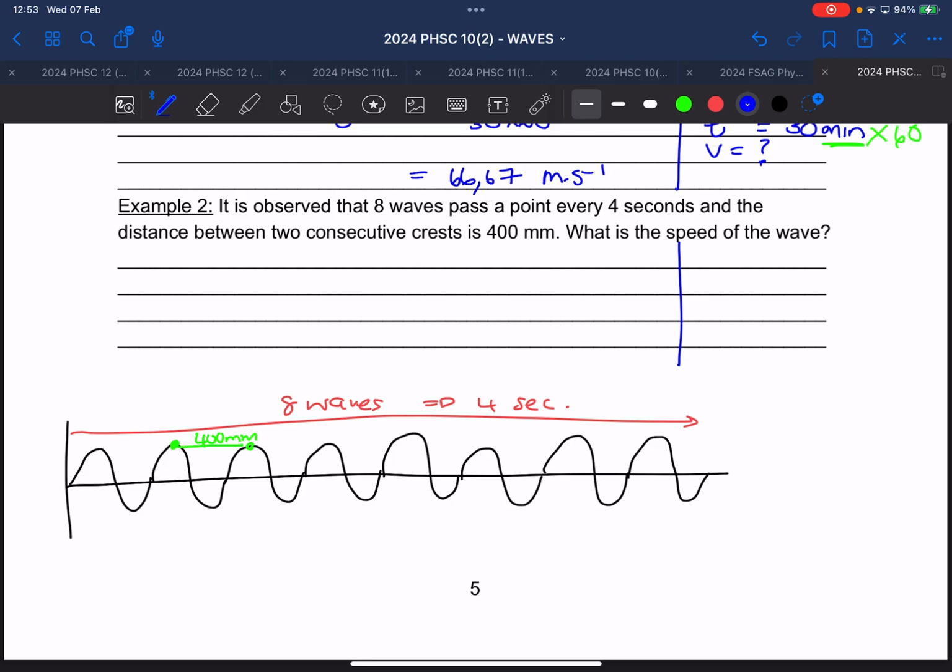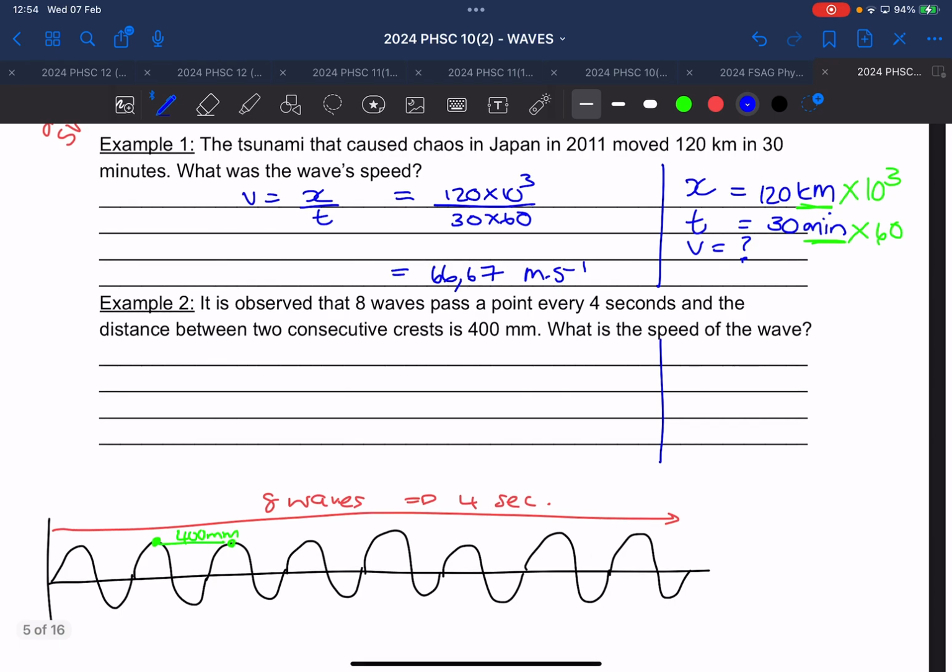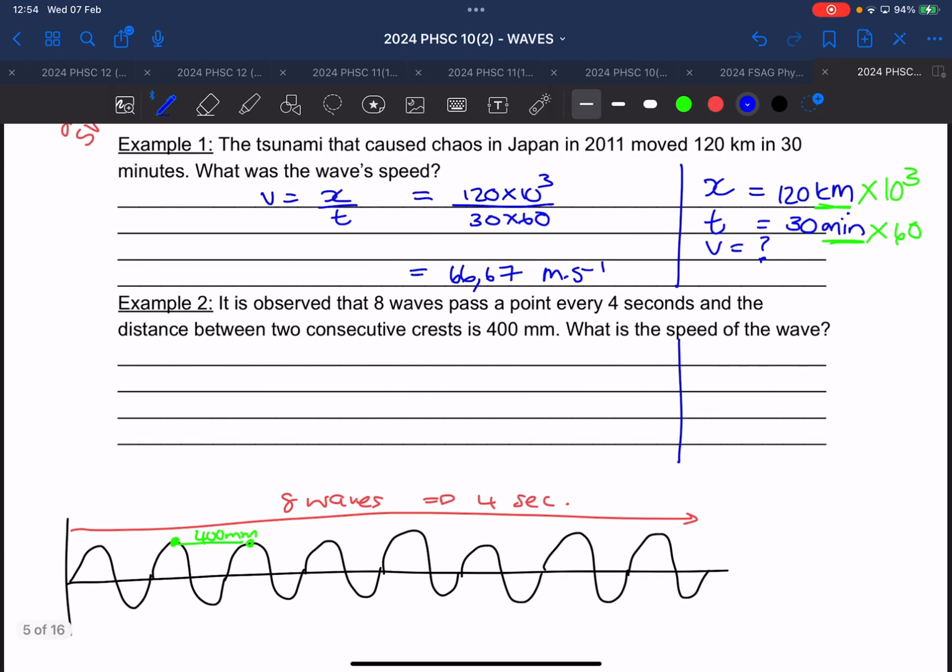When they say 8 waves in 4 seconds, what are they basically telling us? What information are they giving us? Go back to your definitions. They give us a certain number of waves in a certain time. What are they giving us?